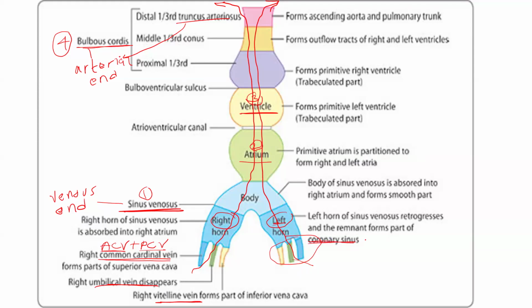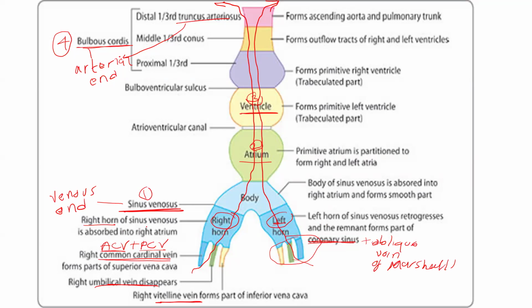But I have seen some articles which also include the oblique vein of Marshall. I've seen some articles including that recently, so I don't know the authenticity of that, but they are including that. So coronary sinus and the oblique vein of Marshall are derivatives from the left horn of sinus venosus. What about the right horn?